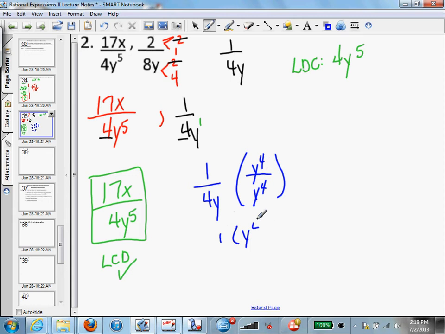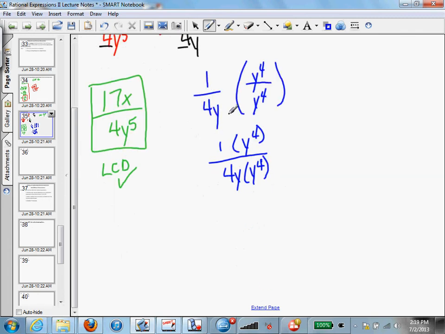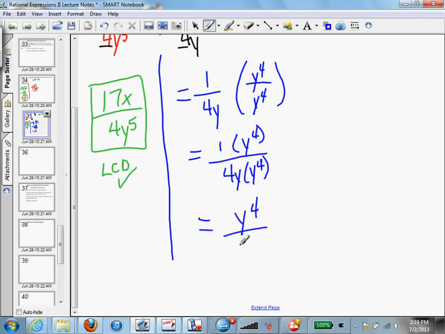So it's going to be 1 times y to the 4th over 4y times y to the 4th. On top we're going to have y to the 4th over 4, and then you can add these exponents of y. So 1 plus 4 is 5. So now we have the least common denominator, check.